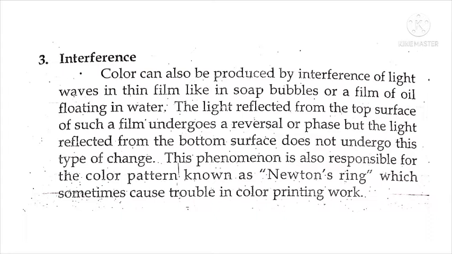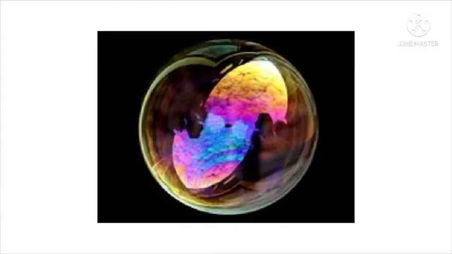This phenomenon is also responsible for the color pattern known as Newton's rings, which sometimes causes trouble in color painting work. What you have seen in the picture is a bubble which reflects a spectrum of beautiful colors when illuminated by natural or artificial light sources.